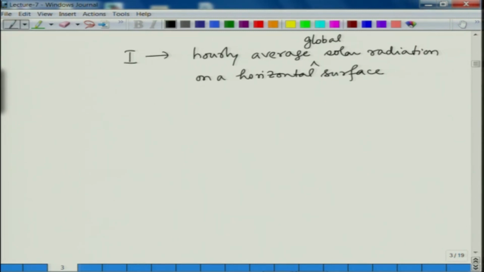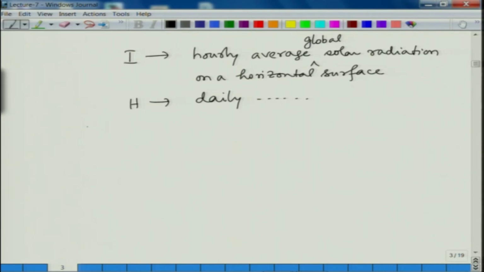And H stands for daily, and the rest of the things are the same as the definition of I. That means daily average global solar radiation on a horizontal surface.